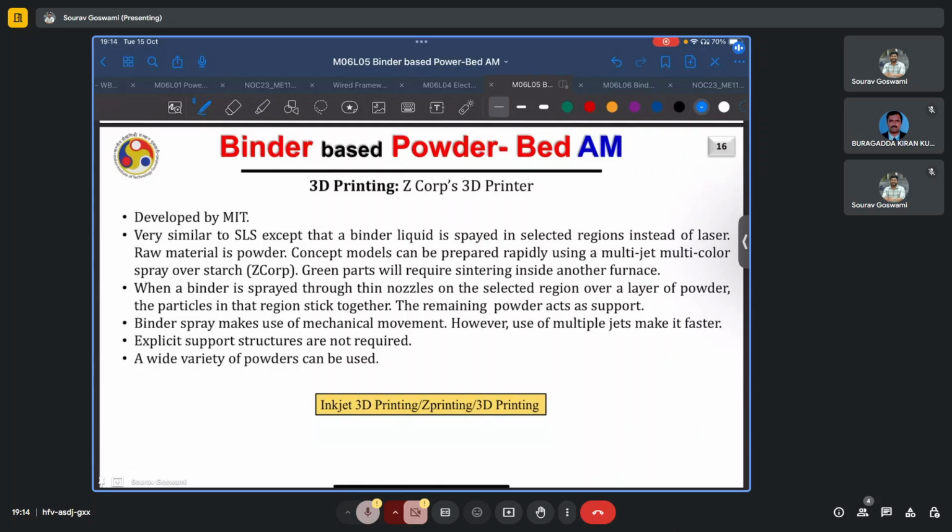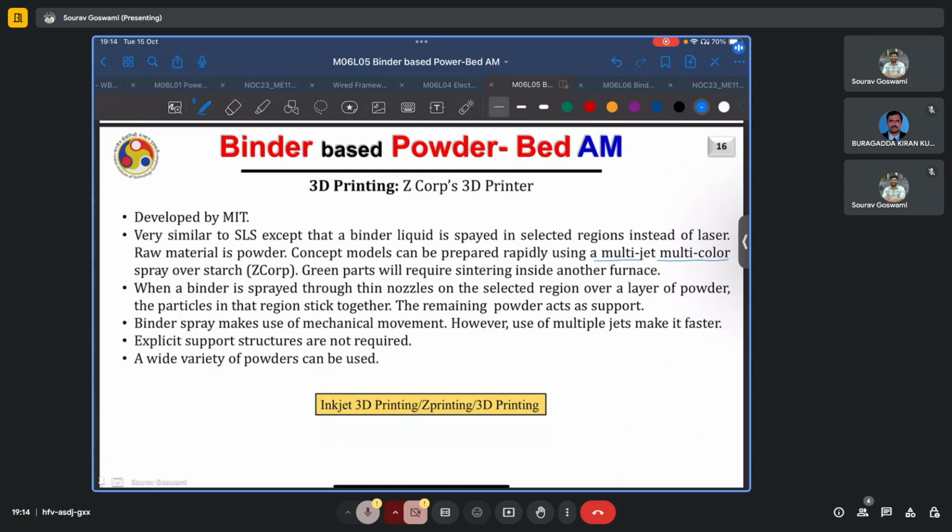The working principle is very similar to SLS, except that the binder liquid is sprayed in selected regions instead of a laser. The raw material is powder, and prototypes or concept models can be prepared rapidly using a multi-jet, multicolor spray over starch. The green parts will, however, require sintering inside another furnace.